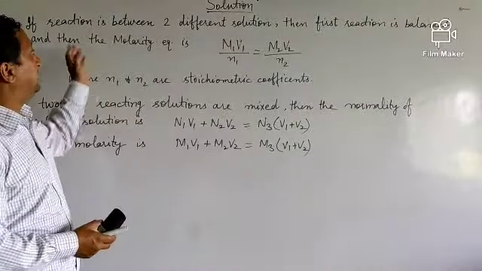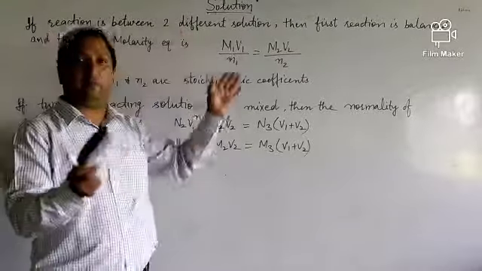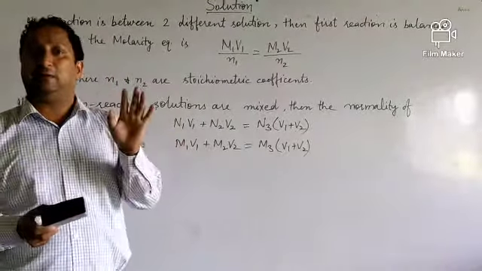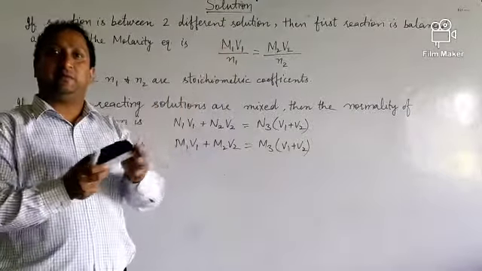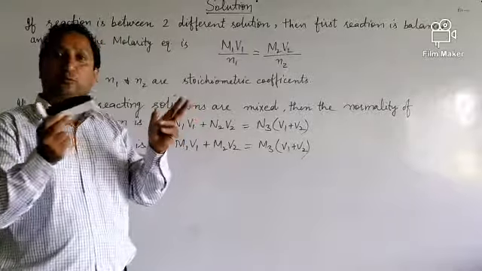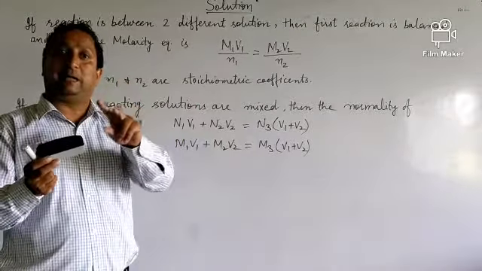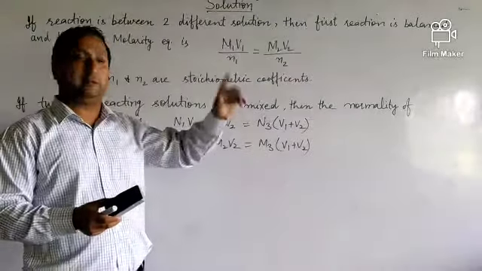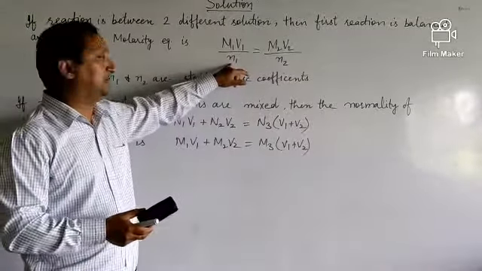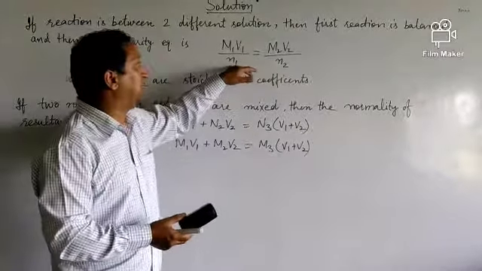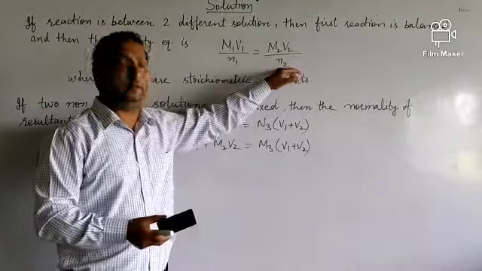Earlier we were just diluting the solution, but here we are taking two different solutions. So we balance the reaction, and then whatsoever stoichiometric coefficients come, we divide M1V1 with n1 and M2V2 with n2.